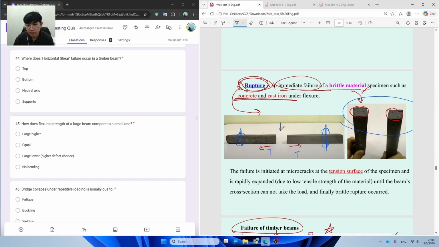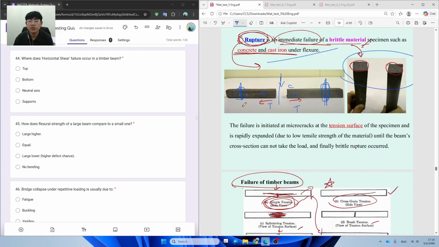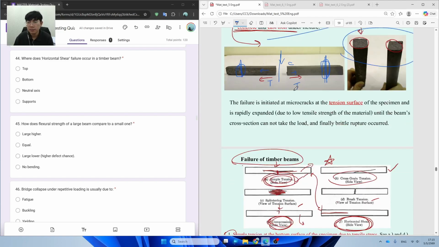When you compress the force like this, the top is going to experience compression, but the bottom is going to experience tensile force. When it fails, it's going to fail immediately, which means it's going to feel like an explosion. It's going to break into two pieces without giving you a warning. So that's why we need to tie it first, in order to be safe during the testing.